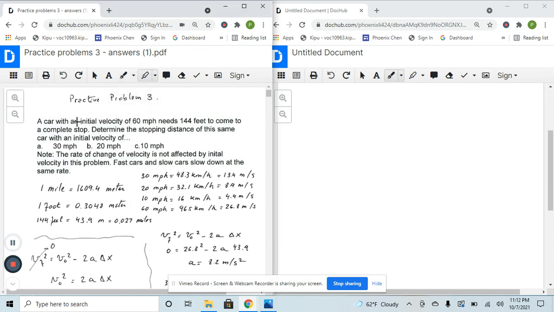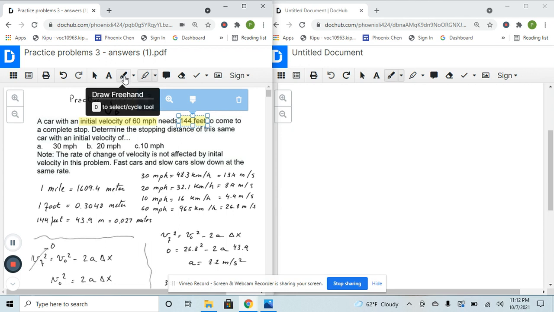So now let's look at what information we're given. We're given initial velocity, which is 60 miles per hour. Initial velocity can also be written as V0. This is how far it's going until it comes to a complete stop. It's 144 feet.